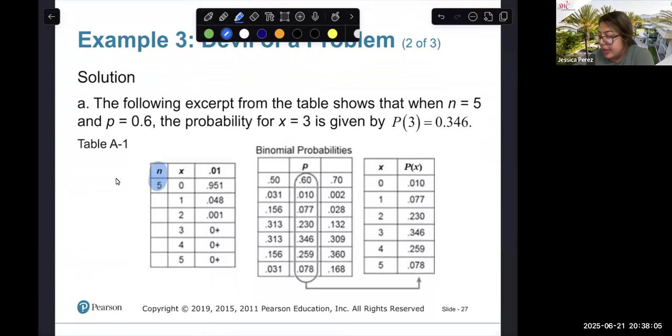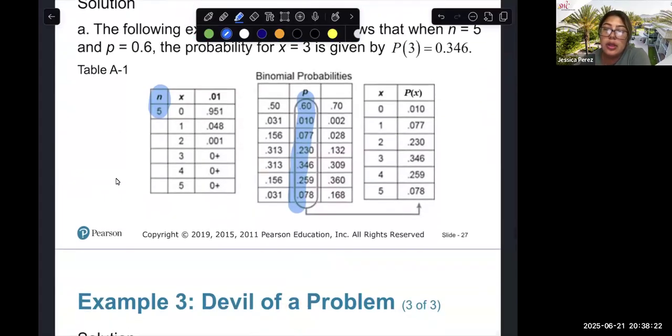The number of n is 5. When we're looking at a binomial probability, here they are: what happens when the probability is 0, the probability is 1, the probability is 2, and so on. So we're going to look at the table here: the probability when x is equal to 0, the probability when x equals 1.